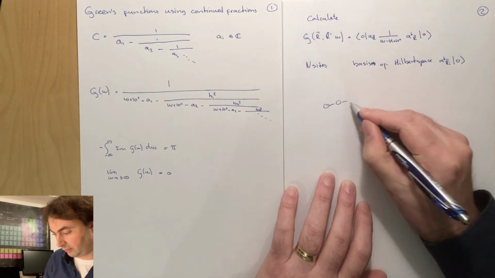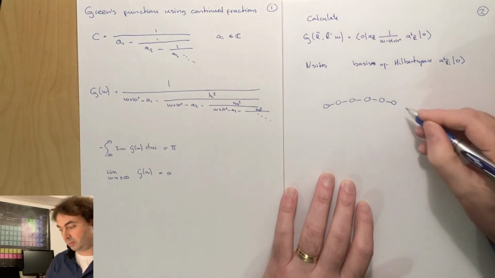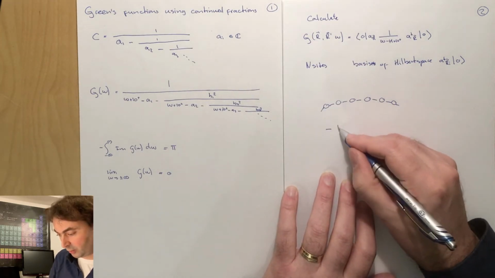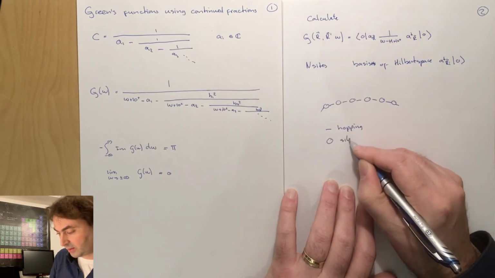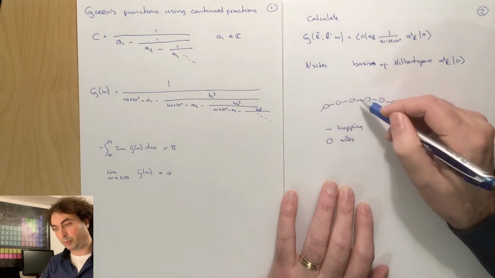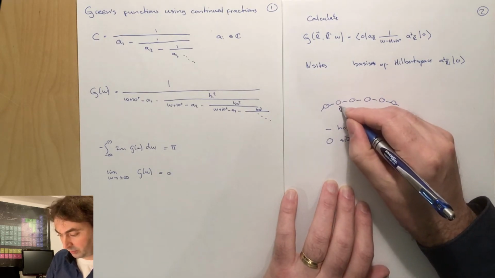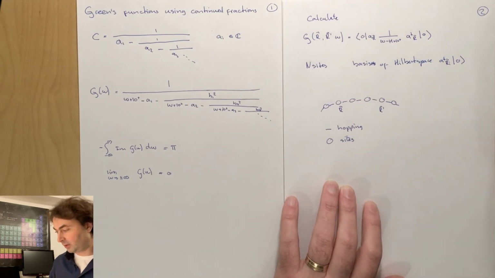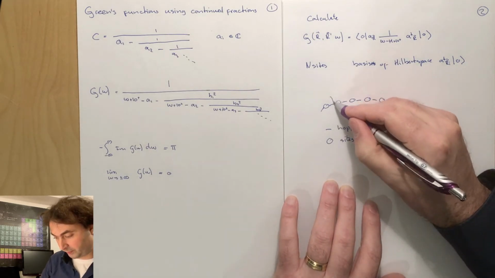We can now have a look at a tight binding Hamiltonian. I here make an example of a one-dimensional tight binding Hamiltonian where this is the hopping and these circles are our sites, with some hopping parameters and some on-site energies. Then we have somewhere site r and we have somewhere site r prime. I'm now going to divide my Hilbert space into two parts.